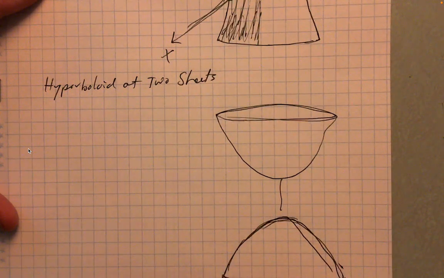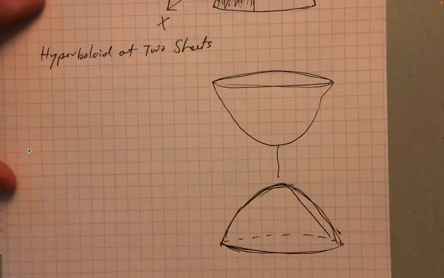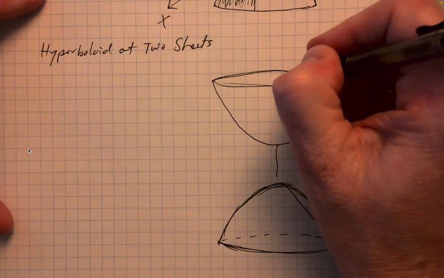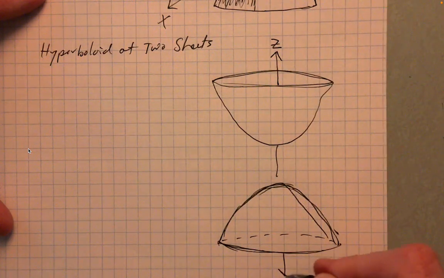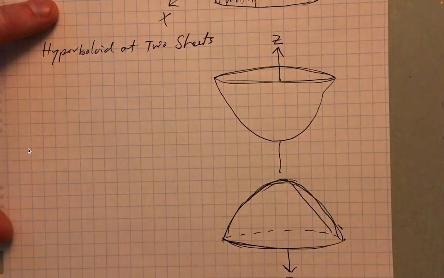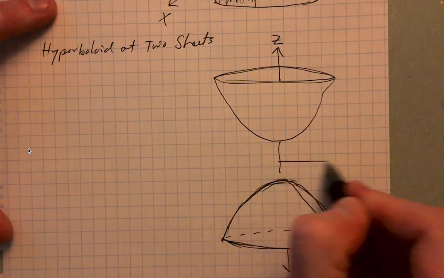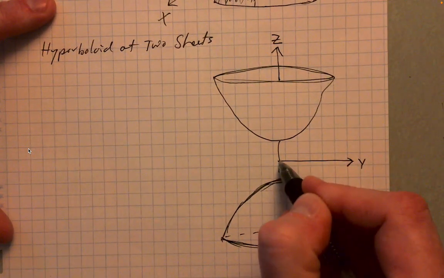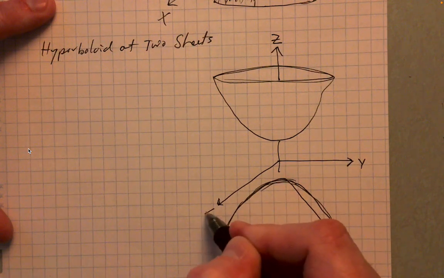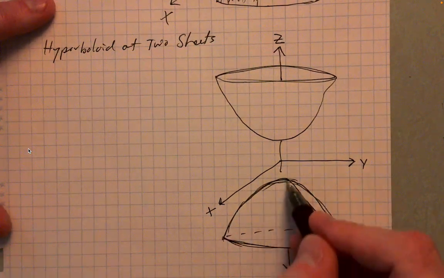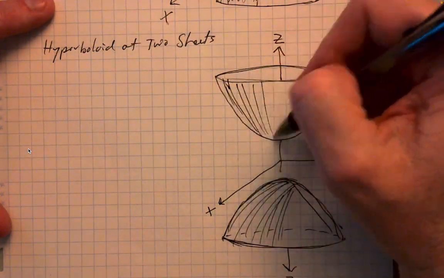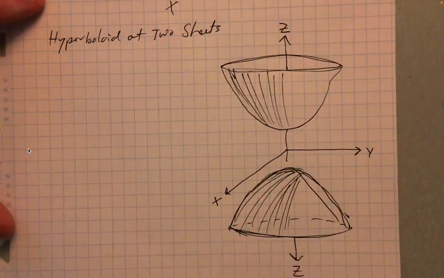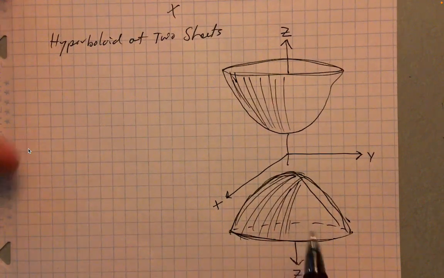It looks a bit like that, and you've got kind of the opening on the back side there. So here's your z-axis, and then your y-axis is just right here, and your x-axis is right there. Again, these are rounded. And so that's the hyperboloid of two sheets.